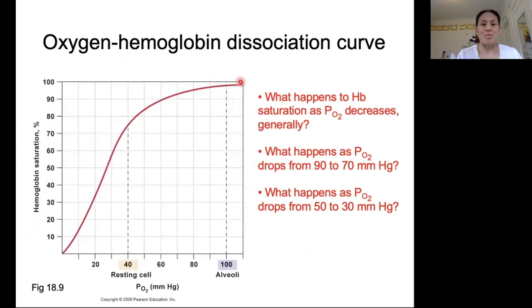What happens to hemoglobin saturation as PO2 decreases in general? What happens if we go from these specific values, right? So what happens if we go from 90 to 70 millimeters of mercury? And then if we look at these other values, 50 to 30, what happens there? Okay, so go ahead, hit pause, consider those questions, and then we'll come back to it.